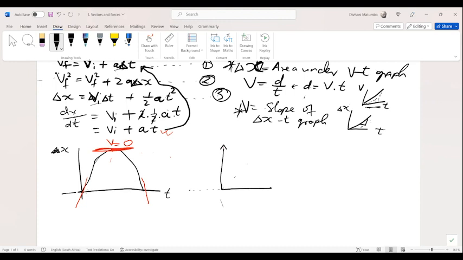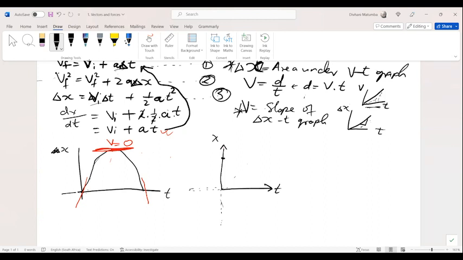If you're throwing a ball, if you choose upwards as the positive direction, it means at the start of time, your velocity will be at a max.